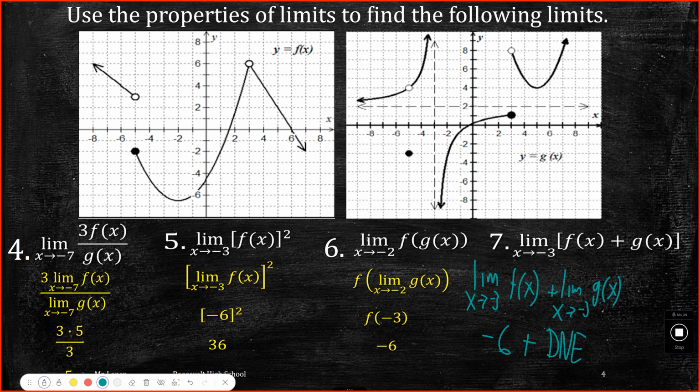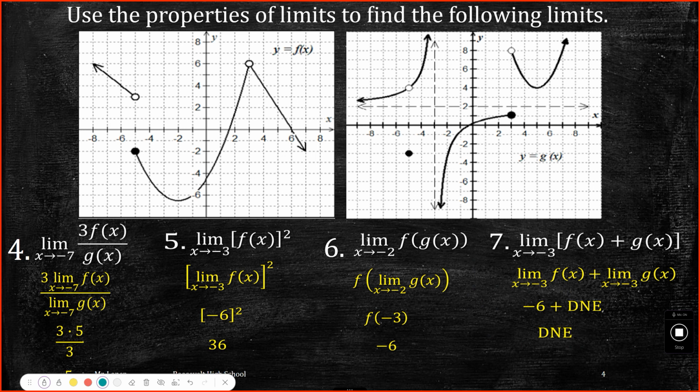What's the answer? Does not exist. Then you're like, well, what's up with this negative 6? The limit does not exist. If one of them doesn't exist and then something does, the limit does not exist. That's good enough. Let's go.